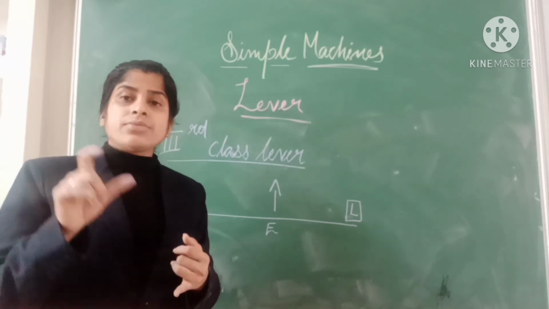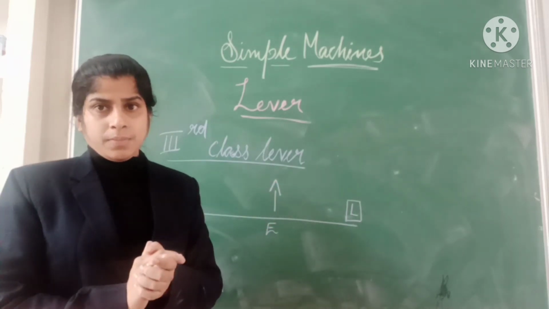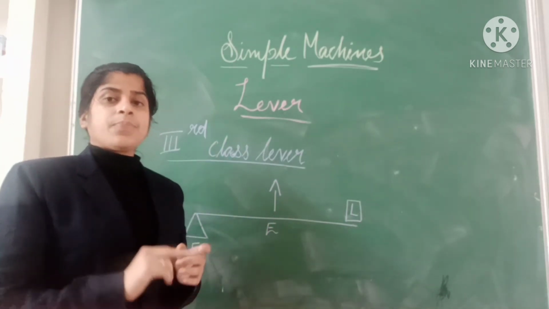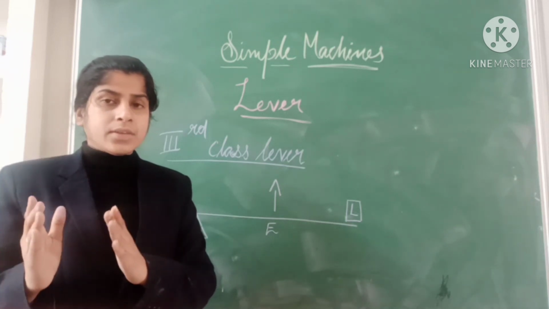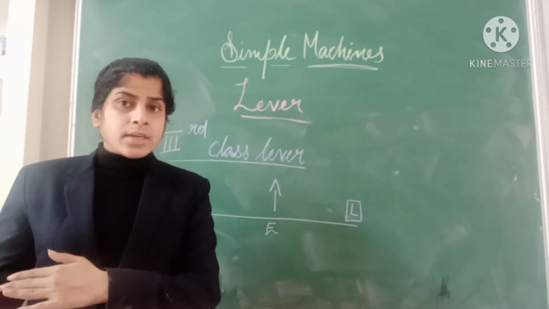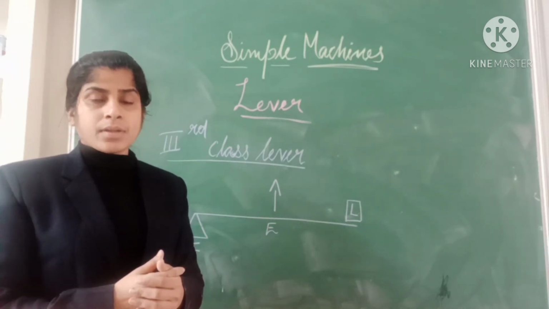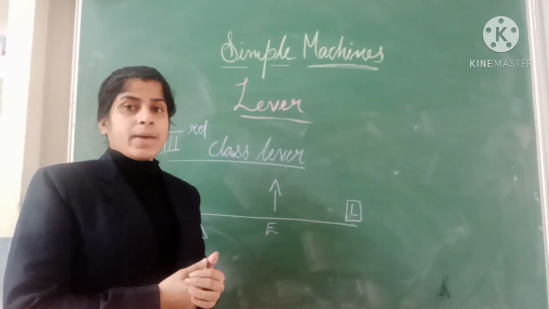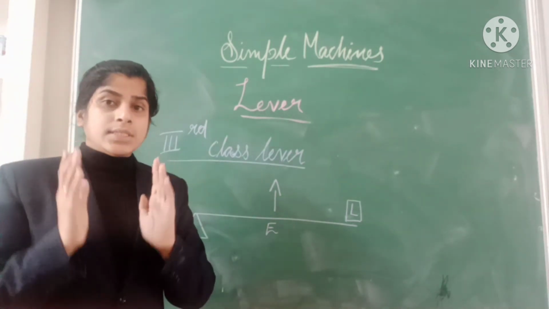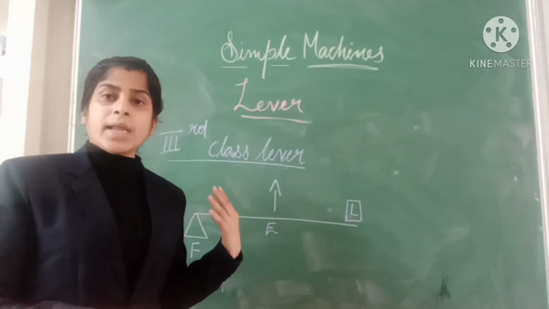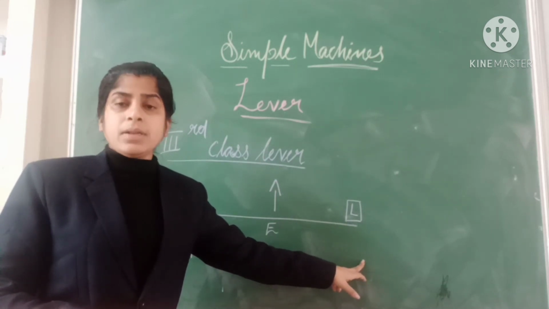In the first class lever, the fulcrum is in the center, one end acts on the load and the other end on the effort. In the second class lever, the fulcrum is at the end of the rigid bar, the center is the load, and the other end acts as the effort. Examples: wheelbarrow, nutcracker, etc. In the third class lever, the effort lies in the center, one end acts on the fulcrum and the other end on the load. Example: fishing rod.